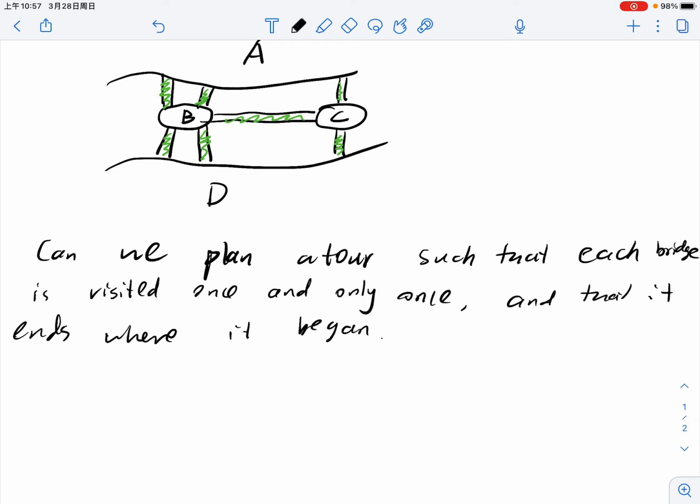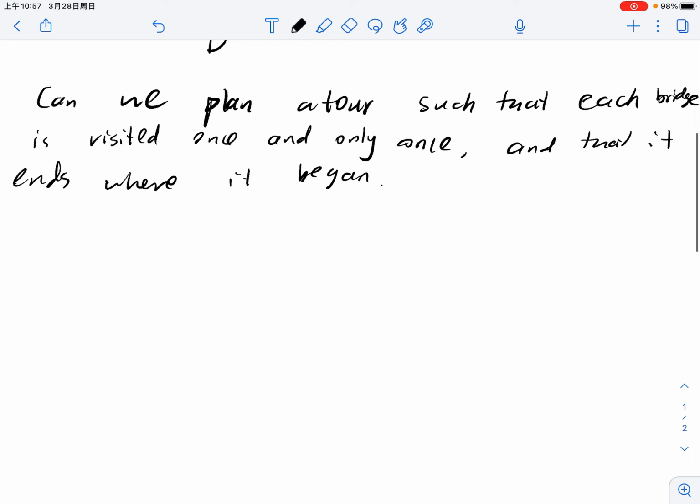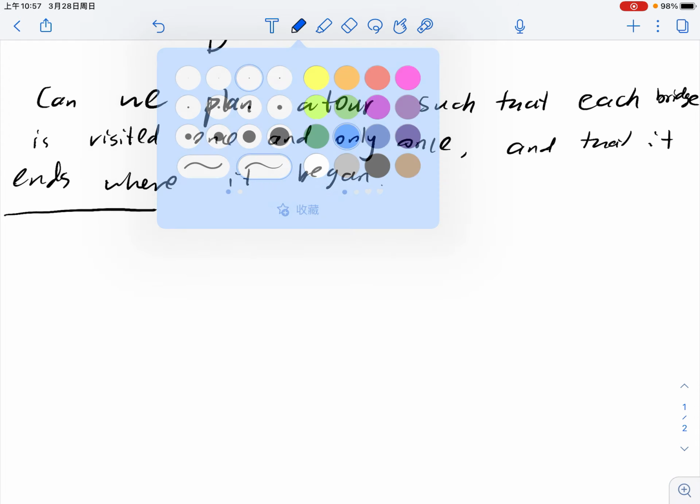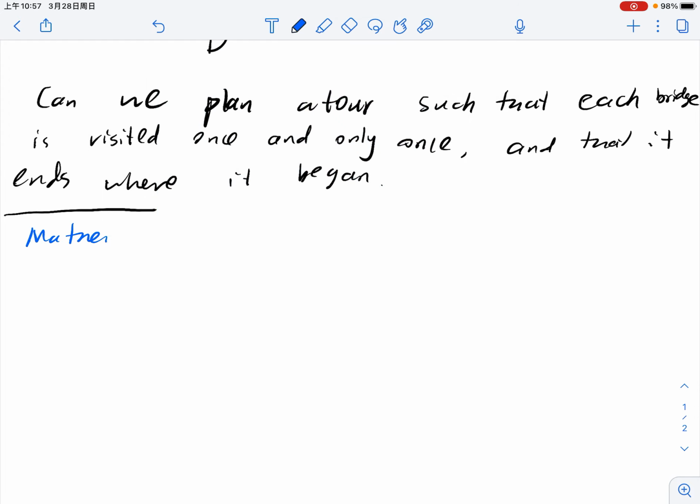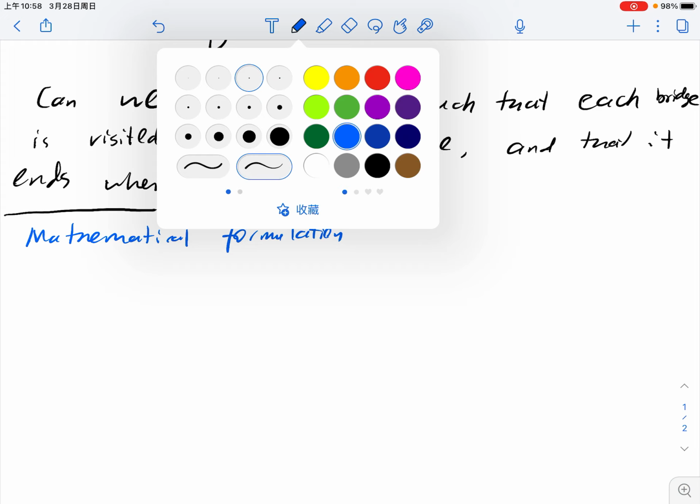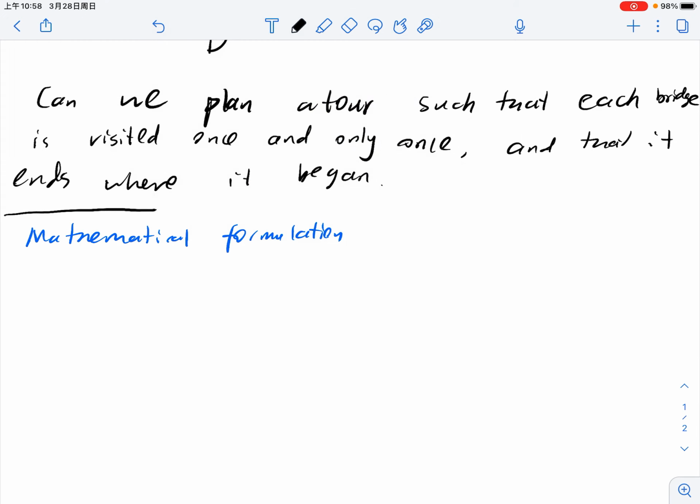Of course, you can enumerate other possibilities on the original map, but then you'll find that the question has a mathematical formulation as follows. That's what graph scientists usually do. They abstract from the real problem the most essential part of the facts.